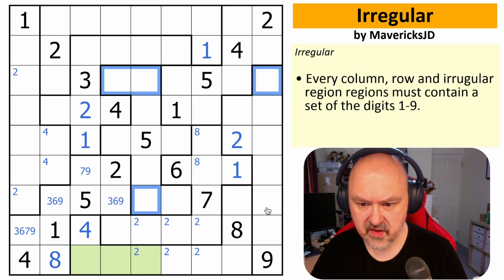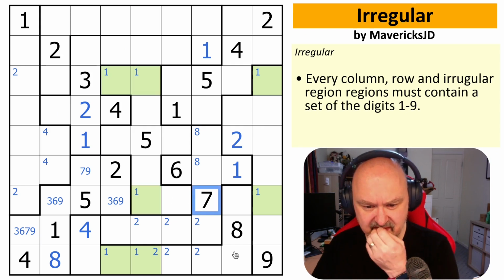So 1 is kind of the opposite of 2s at this point. That is not a 1. So 1 is in those two positions in that region, those two positions in that region, and those 3 positions in that region.